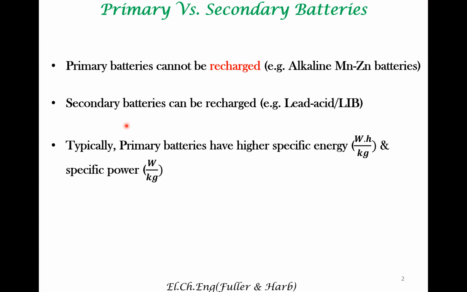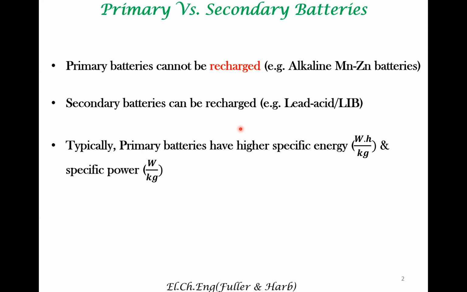However, just to give you a quick idea of why that is so: when a battery operates, there are structural changes in the electrode. Loosely put, the greater the structural changes, the greater the specific energy and specific power. However, for it to be recharged, these structural changes should be reversible.